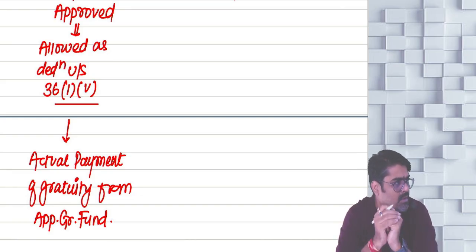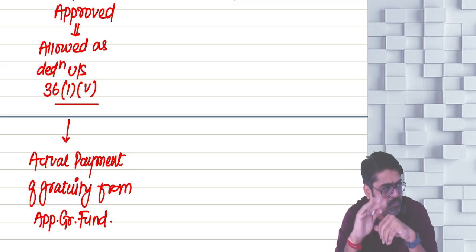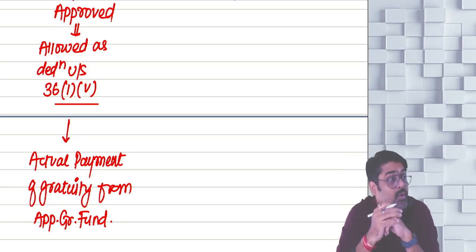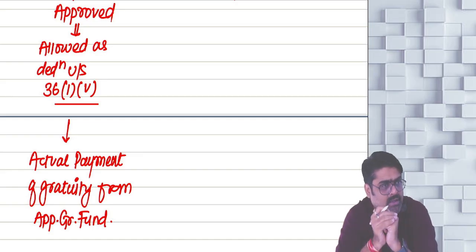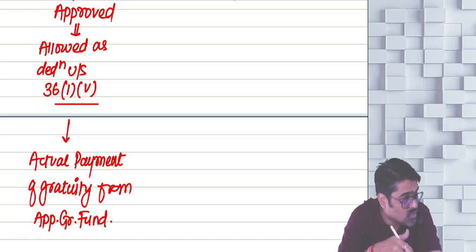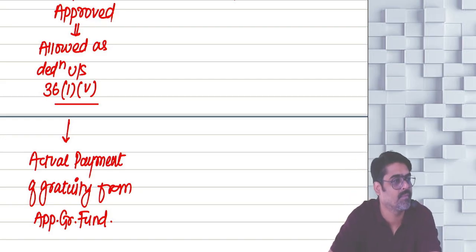Yes or no? Will it be allowed as a deduction in that year? No. Because that gratuity you are paying out of approved gratuity fund.